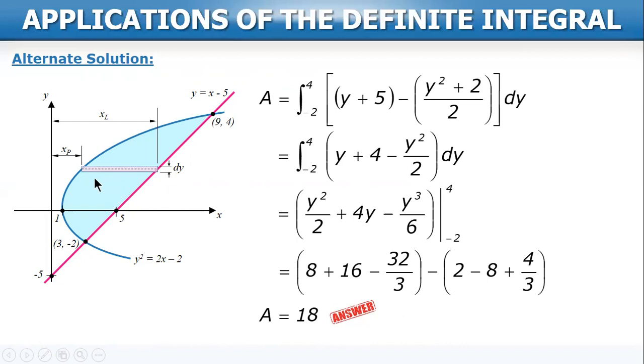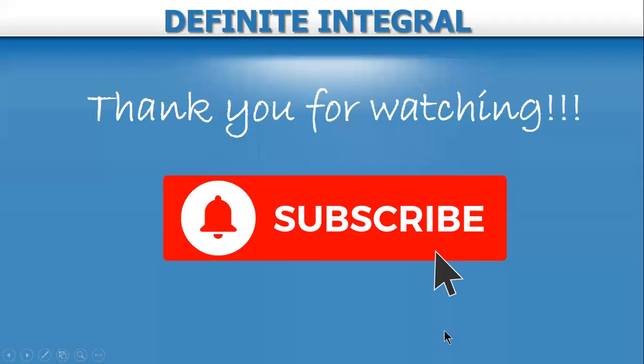So at least you have the option already what to use, a vertical rectangle or a horizontal rectangle. So I hope that you have learned from this video. Thank you for watching.